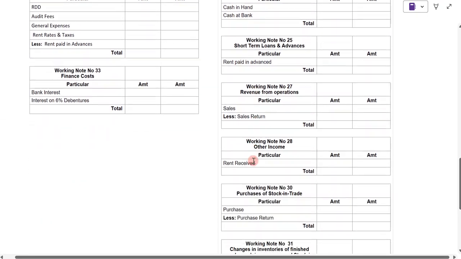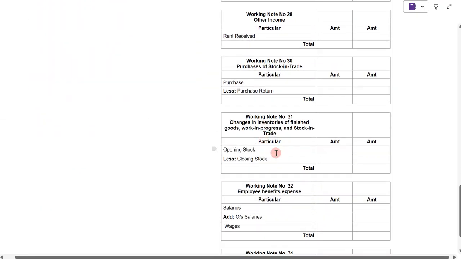In working note number 31, write opening stock in the inner column. Opening stock is 1,20,000. From there, less closing stock 90,000. The final value is 30,000.